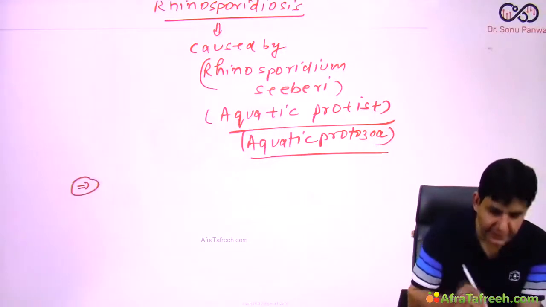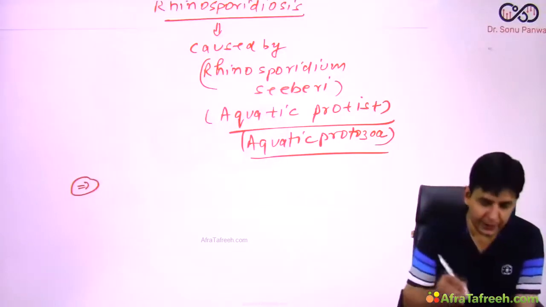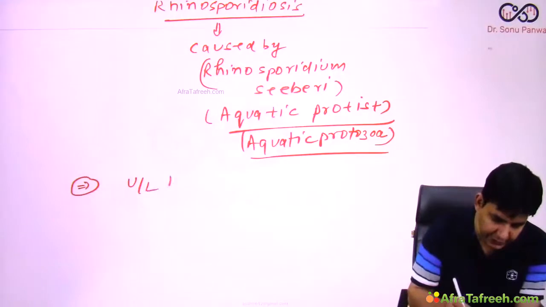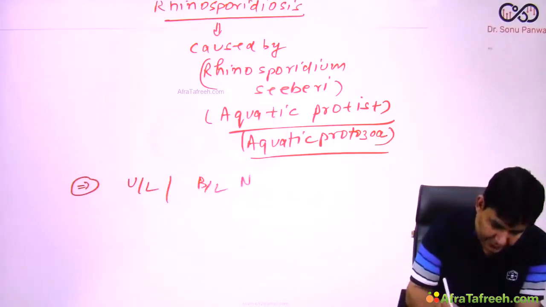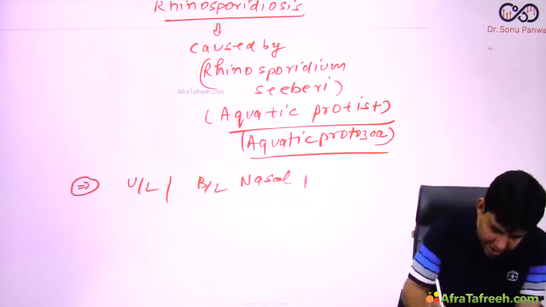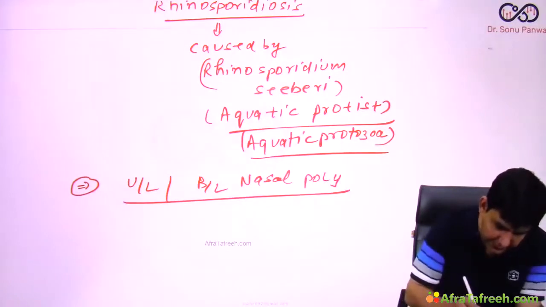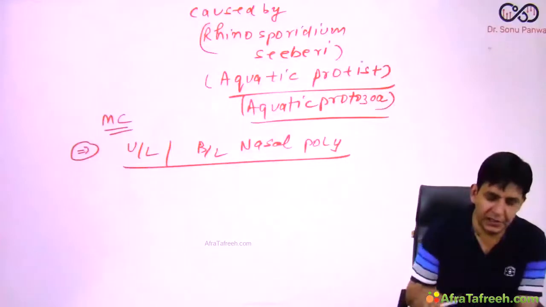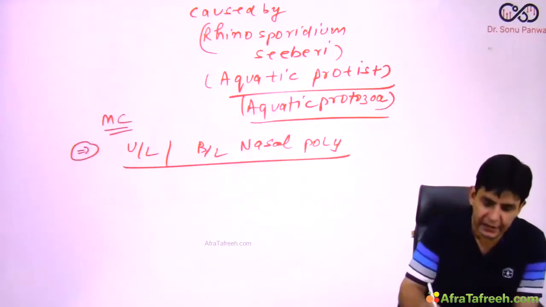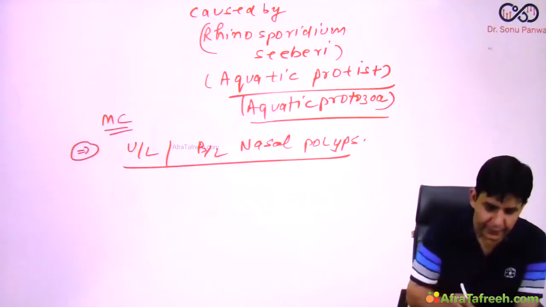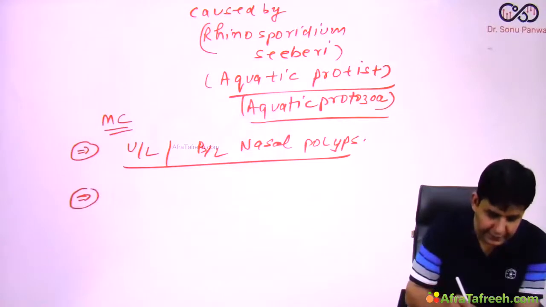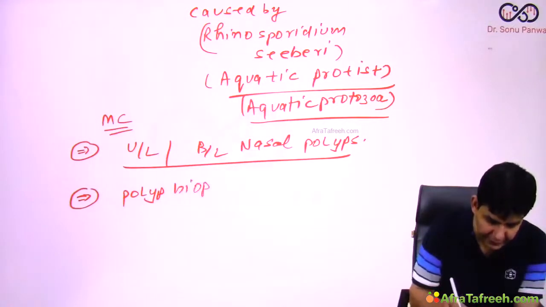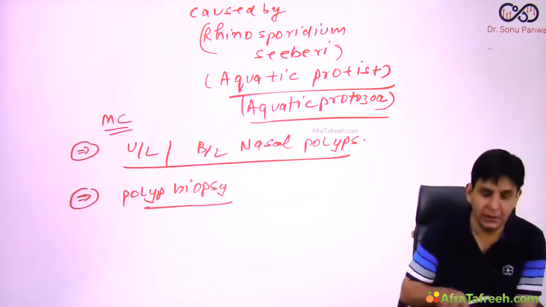Okay, then why are we studying it here in fungus? So remember, it presents with unilateral or bilateral nasal polyps. That is the most common presentation. And to make the diagnosis, when you go for a polyp biopsy, what do you get?